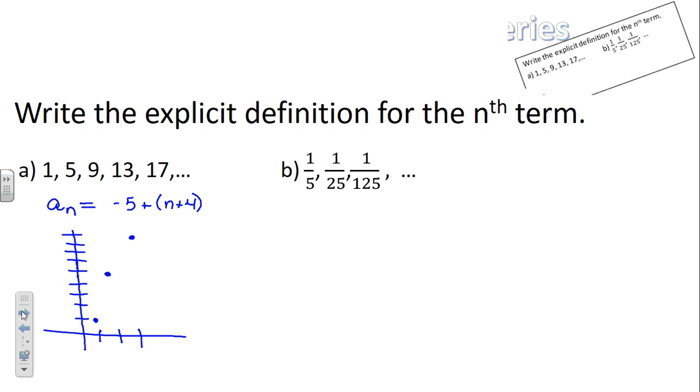So try negative 4. Negative 4 plus n plus 4. So n is 1, we'll get 5. 5 plus a negative 4 is 1. All right, let n be 2. 2 plus 4 is 6. 6 minus 4 is 2. So that didn't quite work. First one worked, second one didn't.